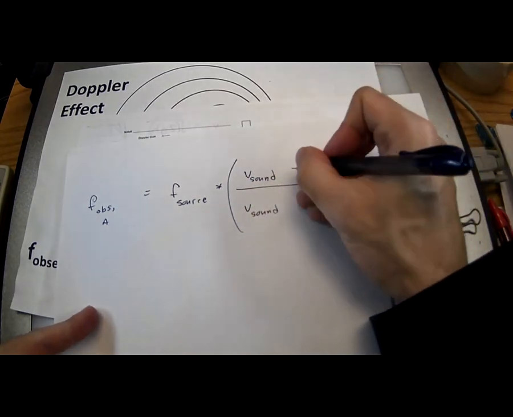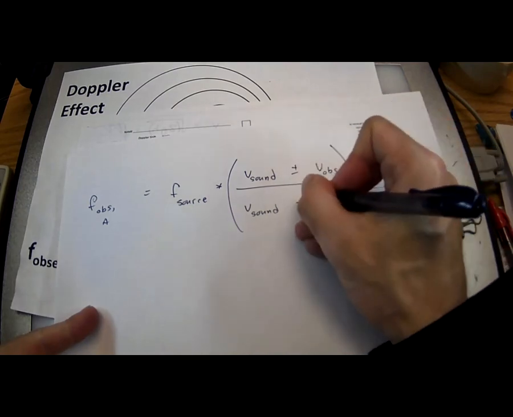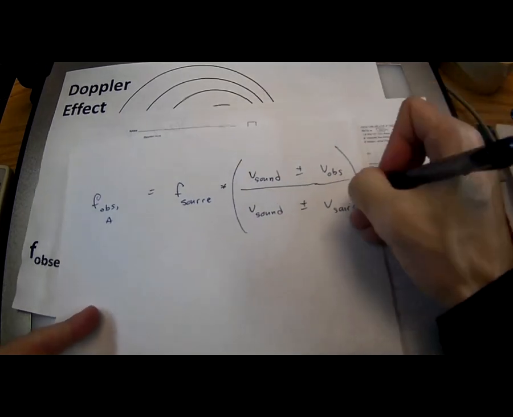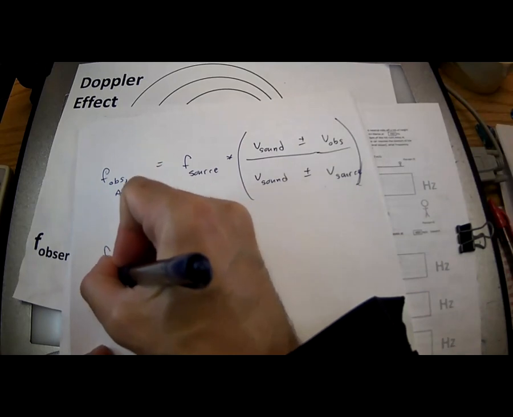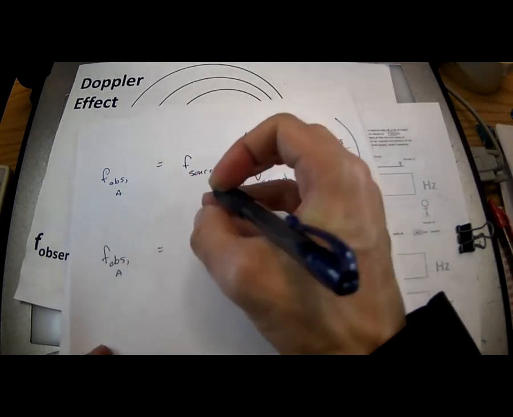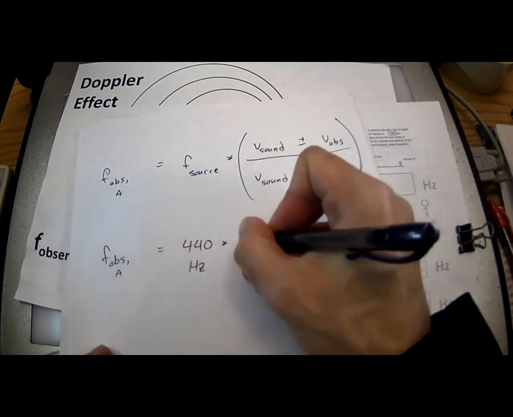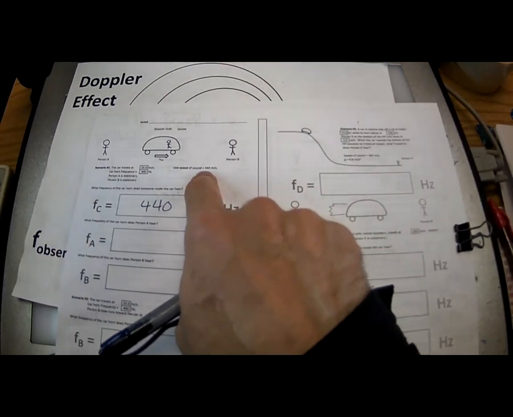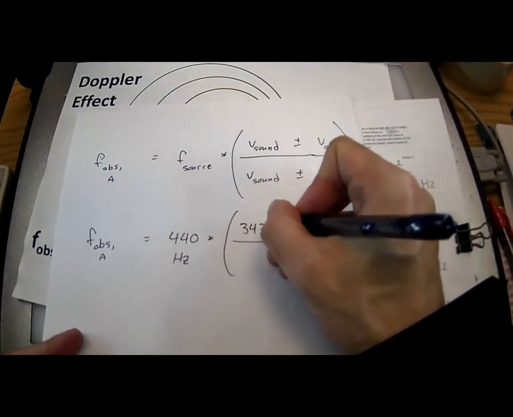You can have a plus or minus speed of the observer, and then plus or minus the speed of the source, like the car in this case. So the frequency observed by person A is going to be my source frequency, 440 hertz, different for you guys, multiplied by the ratio. On this paper, let's use 343 meters per second for the speed of sound.